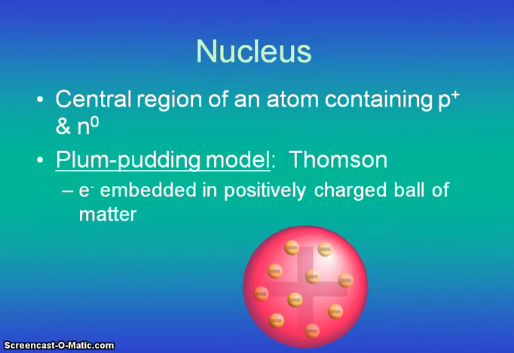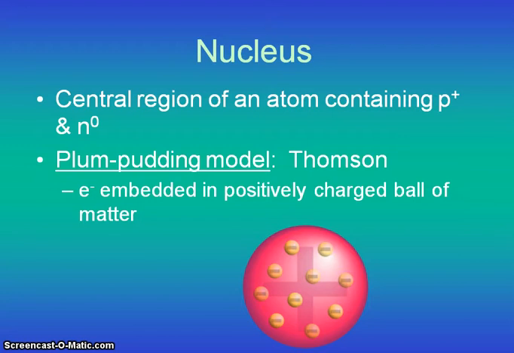The nucleus is the central region of the atom that has the protons and neutrons, and Thomson, same guy as the cathode ray tube experiment, came up with his model of what the atom looked like. This was at the end of the 1800s, about 1898, and his model was called the plum pudding model. So we already have Dalton that we mentioned, and Dalton thought that the atom was a solid sphere, an indivisible, indestructible particle.